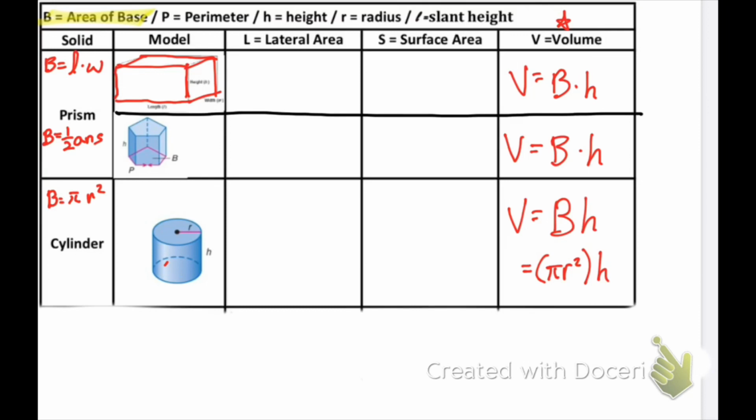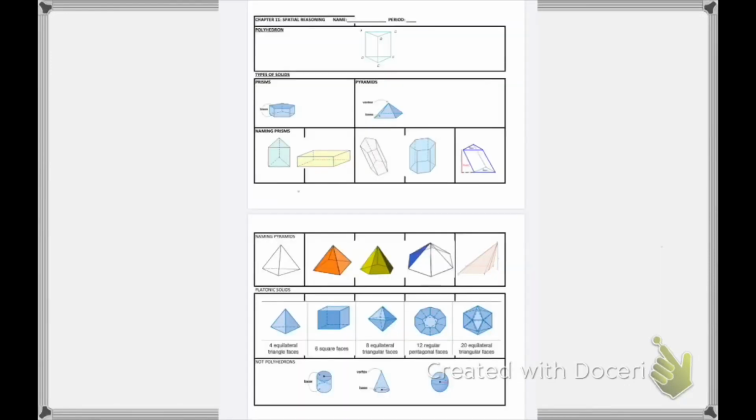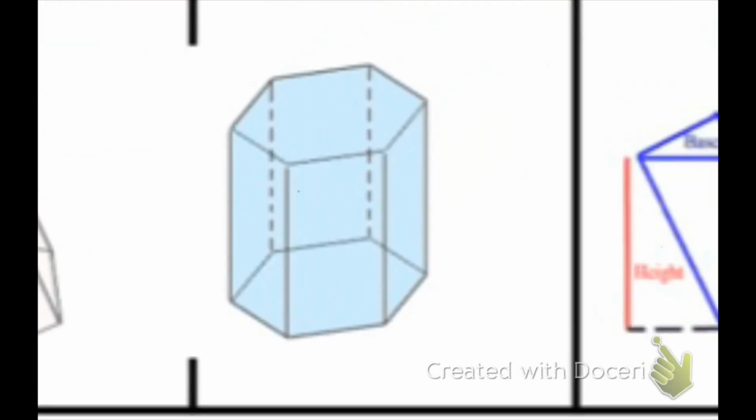But now let's go ahead and look at these two terms here, the lateral area and the surface area. So what is the lateral area and what is the surface area? Let's just go ahead and look at the shape here. So the lateral area is the area of each individual face going around my shape, and then add all those individual areas together, and that will give me the lateral area.